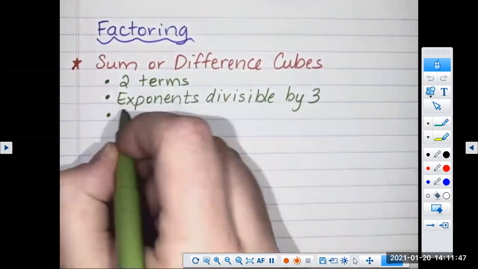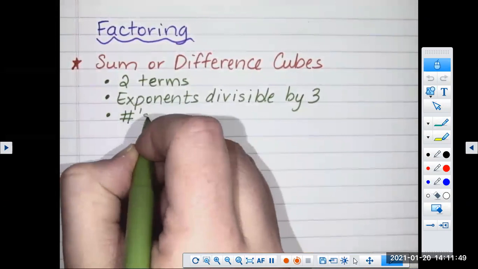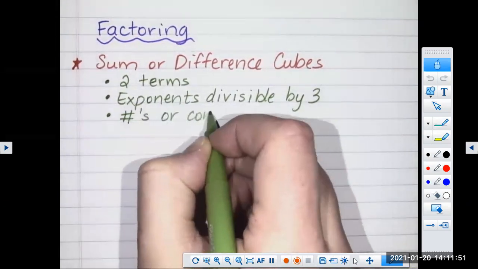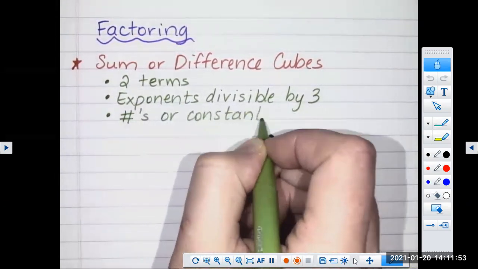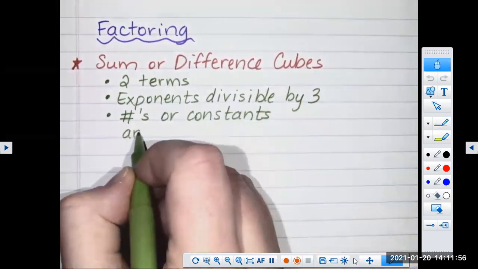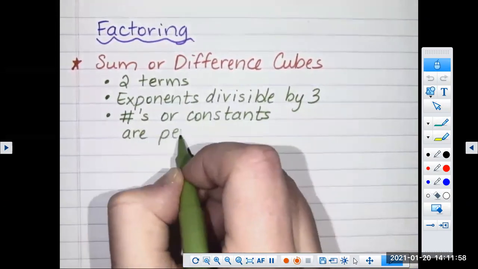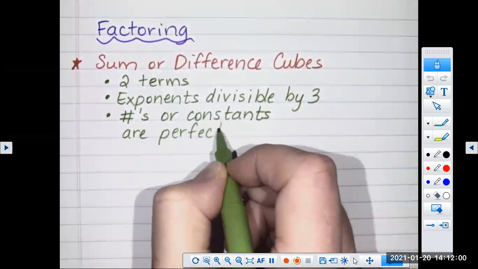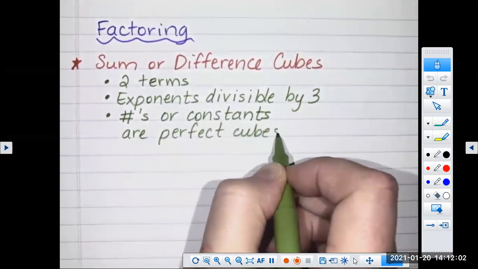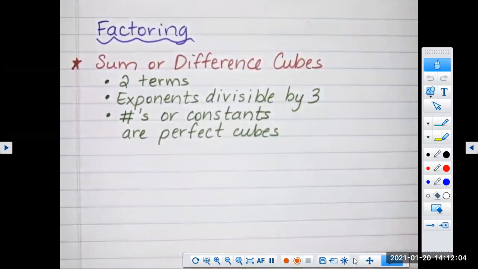And all of your numbers or constants are perfect cubes.